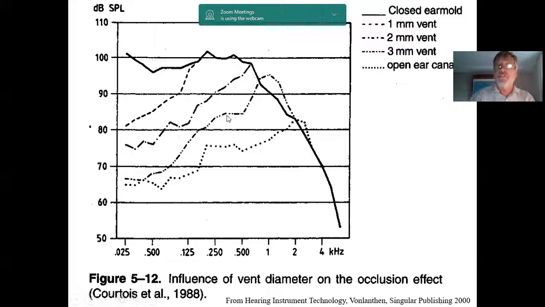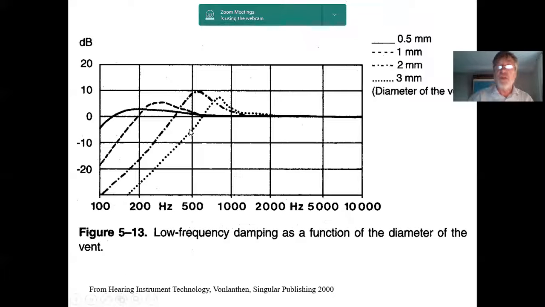Anyway, the effect of vents is seen in dB-SPL or in terms of simple dB. And again, the wider you make the vent, the more the lows escape. Venting ranges in size from 1 to 4 millimeters.